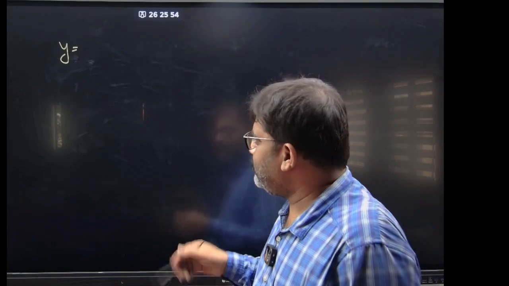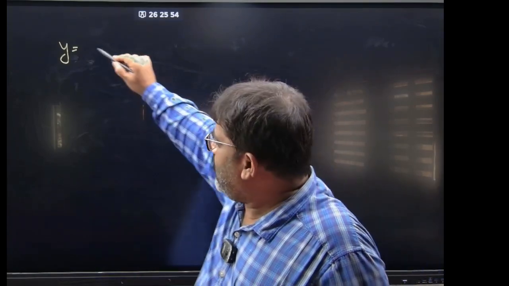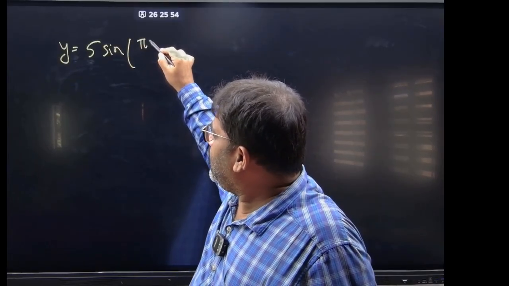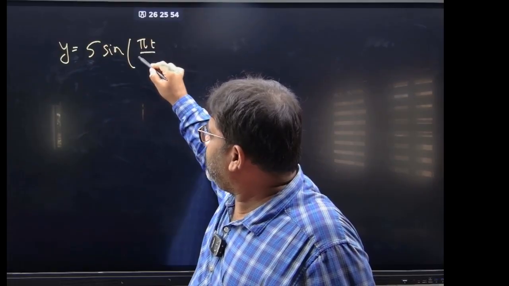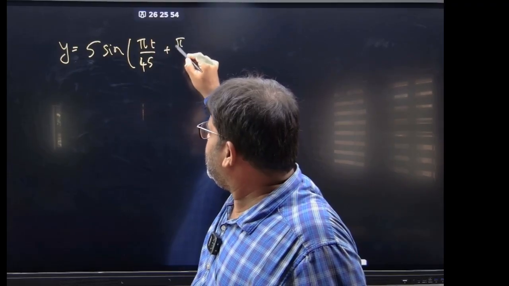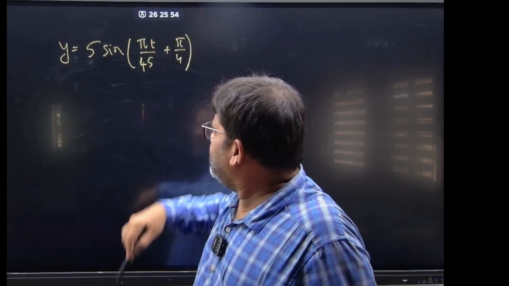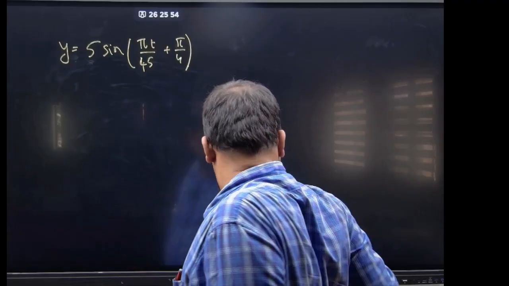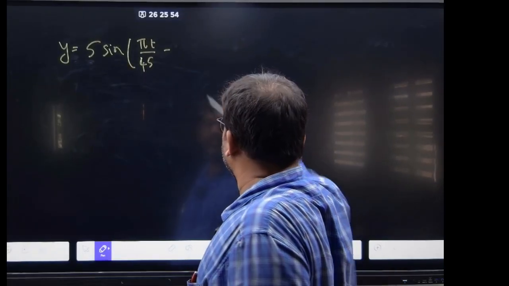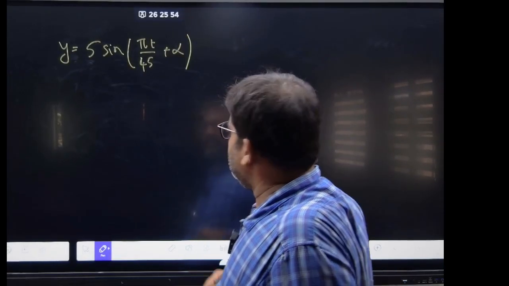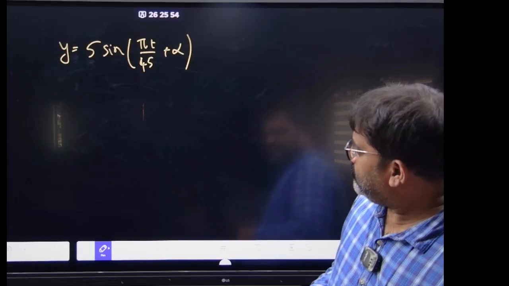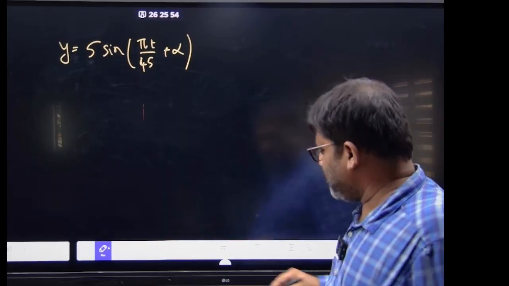Okay, so let me think. Y is equal to 5 sin (pi t by 45 plus alpha). Is it correct?